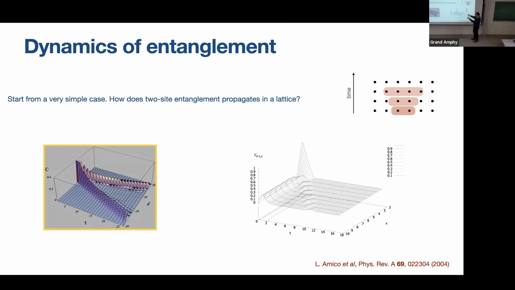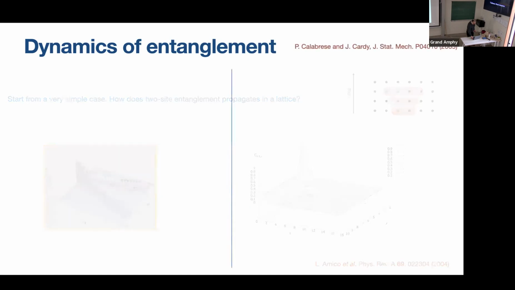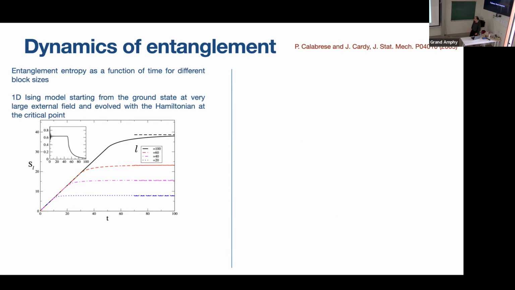What happens is that because of the interaction of the spins, the entanglement, which is initially localized here, will spread. Okay. So from this picture, nothing special happens. So you would say, okay, entanglement spreads like any other kind of observable. No, it may happen in special cases, but actually the situation is much richer.